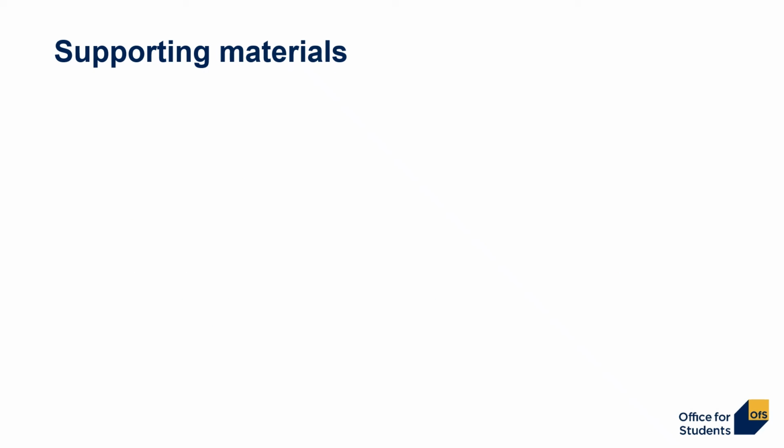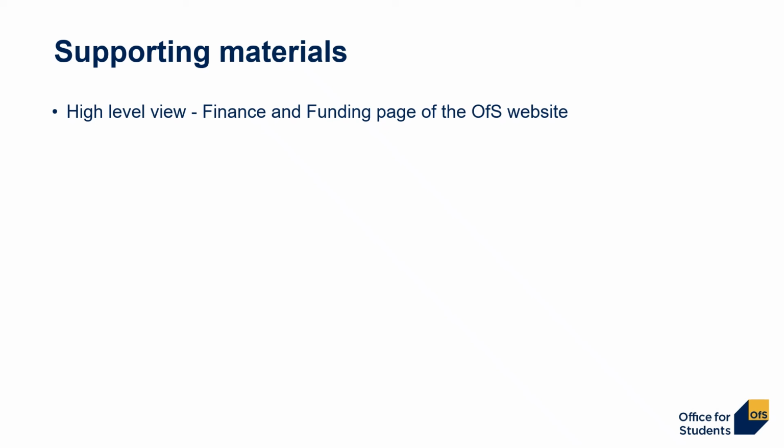We have a number of resources for providers, and we'll look at the main ones here, but we will also highlight additional resources as we go through this series of recordings. For a high-level view of OFS funding, see our finance and funding page, www.officeforstudents.org.uk/for-providers/finance-and-funding, with the last two parts of that URL having the words hyphenated.